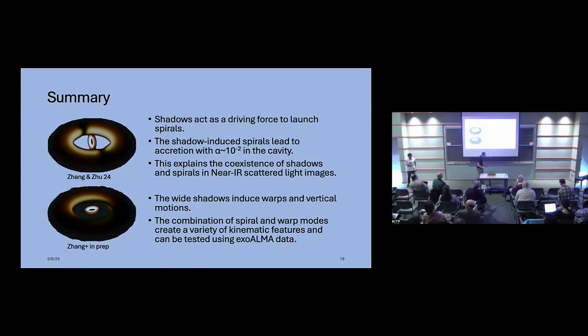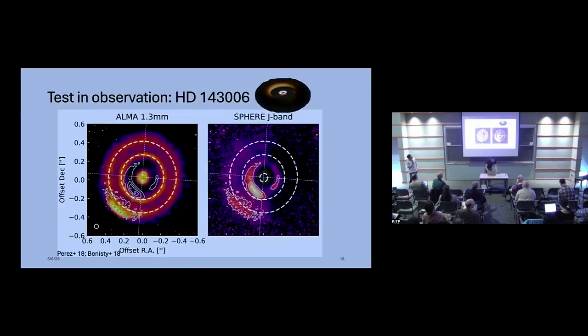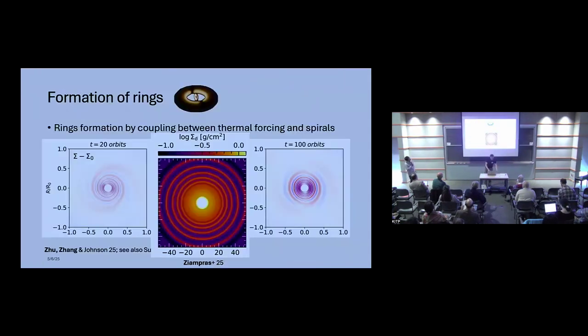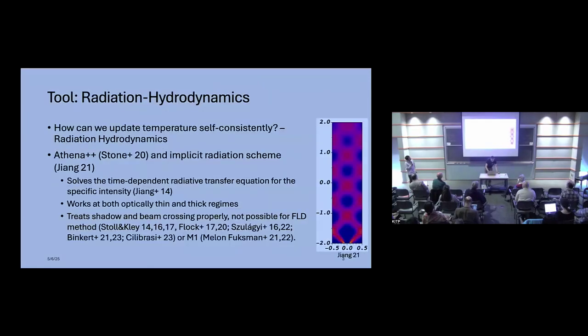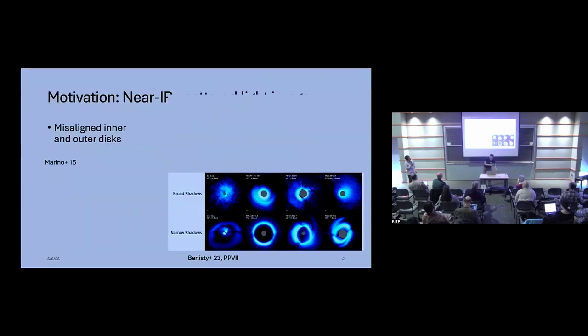In one of these disks, we do see, actually it's Paola's work, it's in the first slides of my presentation, that these two narrow shadow lanes are changing as a function of time, but they are not sweeping all the 360 degrees, they are just jumping around.